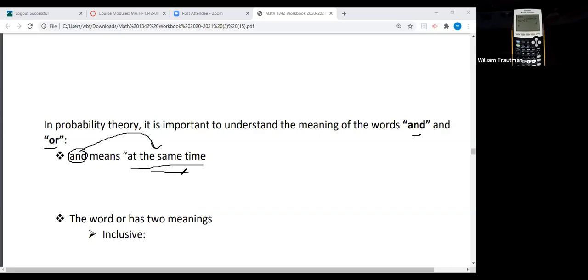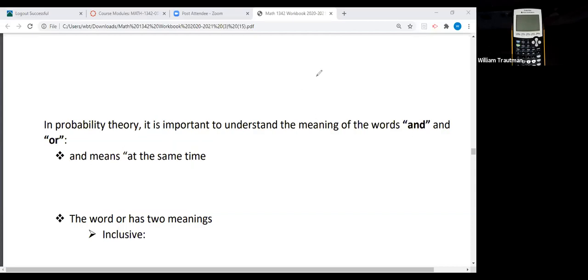A and B means A and B have to happen at the same time. I'm going to use another word for "and" that I want you to write down: the intersection. When two cars come together at an intersection, they come together at the same time. So "and" means intersection, at the same time.